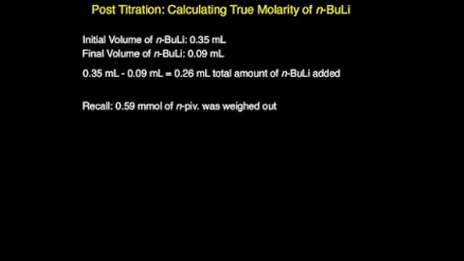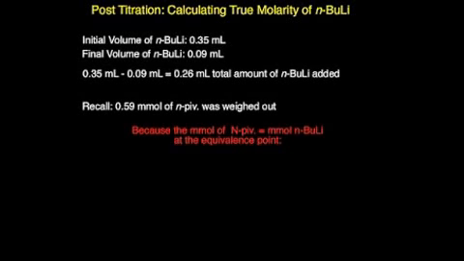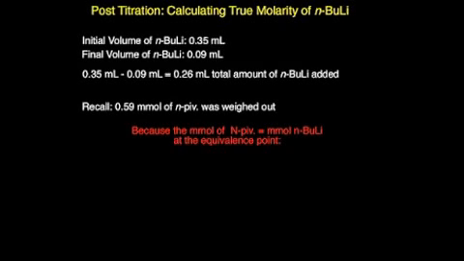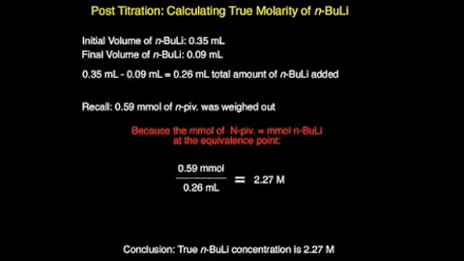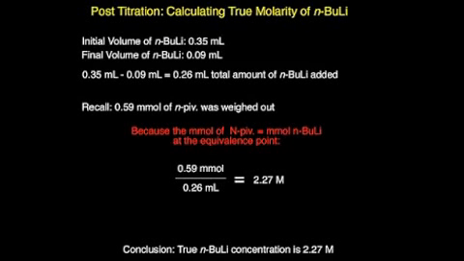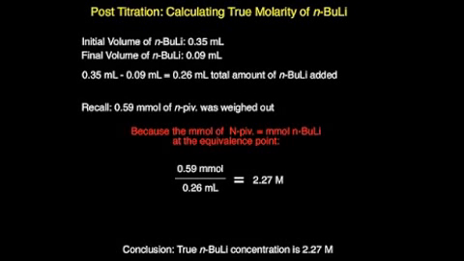Given that 0.59 millimoles of N-pivaloyl o-toluidine was weighed out, and that the millimoles of N-pivaloyl o-toluidine are equal to the millimoles of n-butyllithium at the equivalence point, we can divide the millimoles of n-butyllithium by the volume of n-butyllithium delivered, in this case 0.26 mL, and arrive at the concentration of n-butyllithium, which in this case is 2.27 molar.